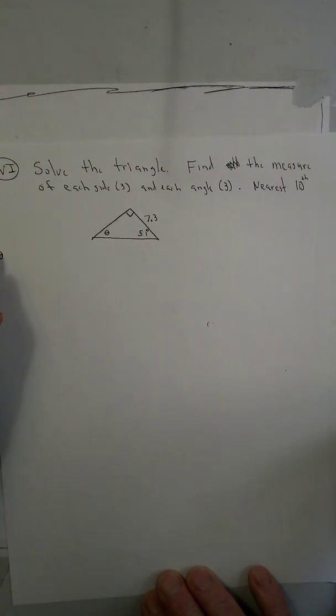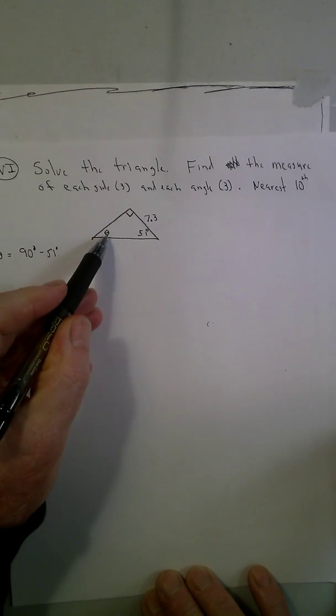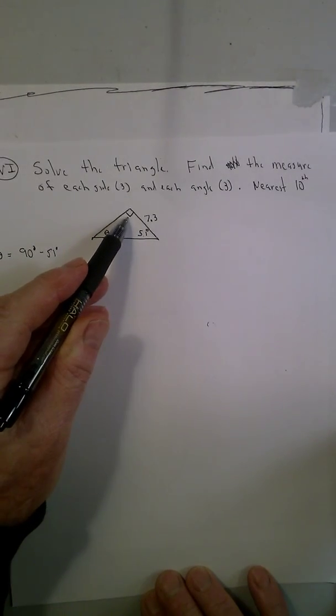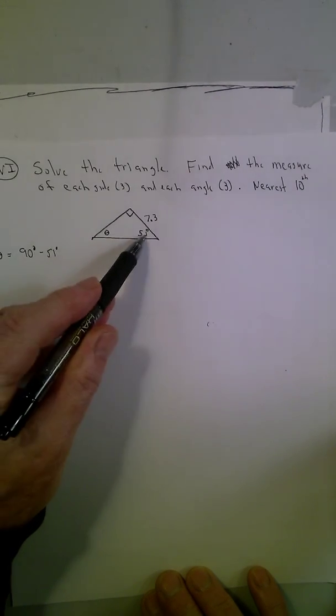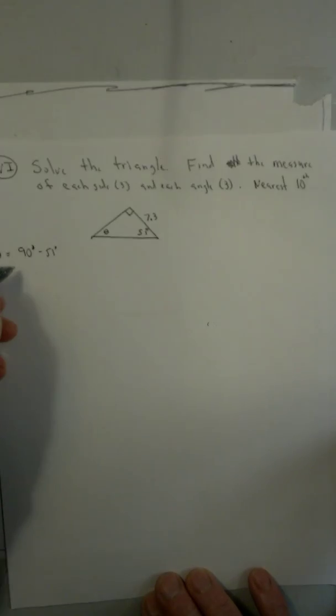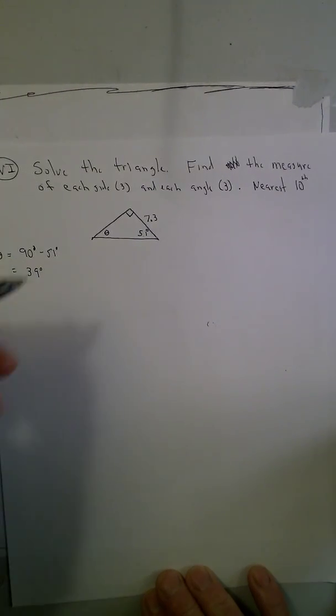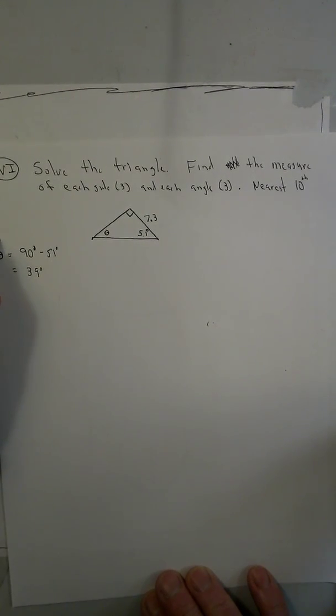So to find theta, you can just take 90 degrees and subtract 51. You know, all 3 angles have to add up to 180. So in a right triangle, the 2 non-right angles have to add to 90. So 39 degrees. Okay, so there's the first thing.